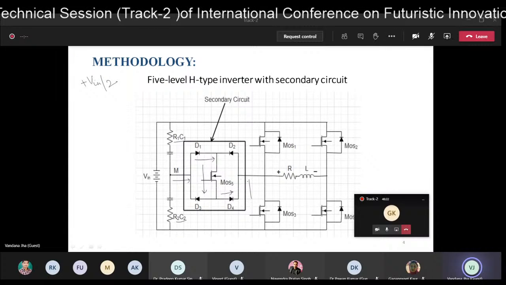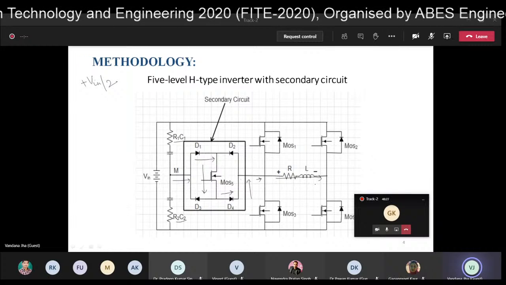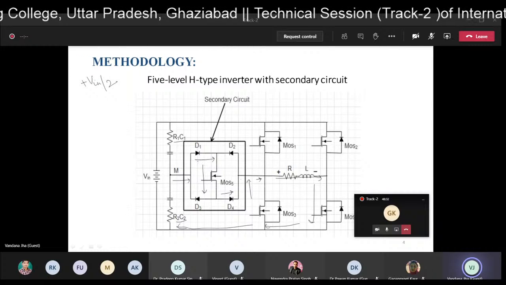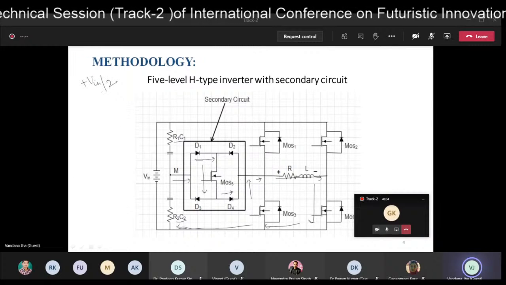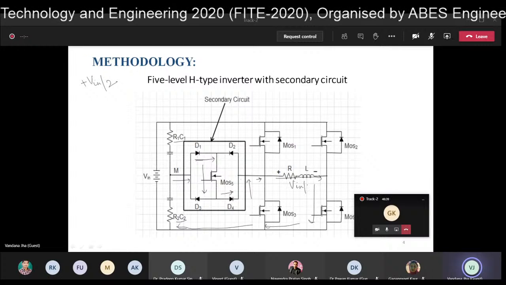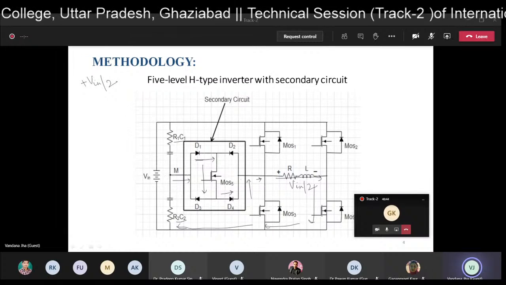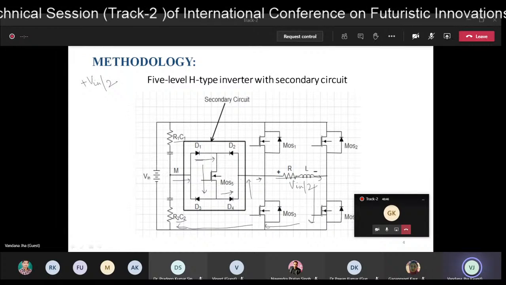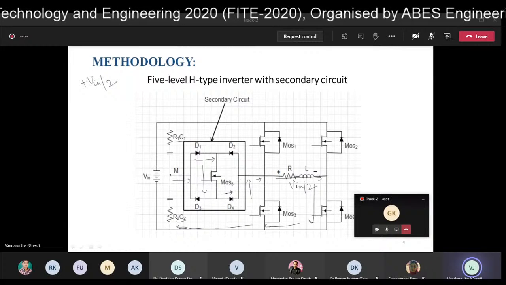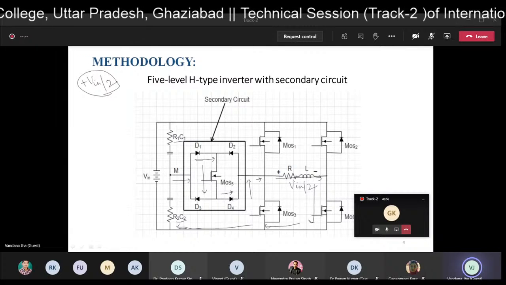This current flow produces across the RL load a voltage of V in by 2, because the positive point is connected through the positive half of V in, and it is connected to the negative half. So across the load we get plus V in by 2.